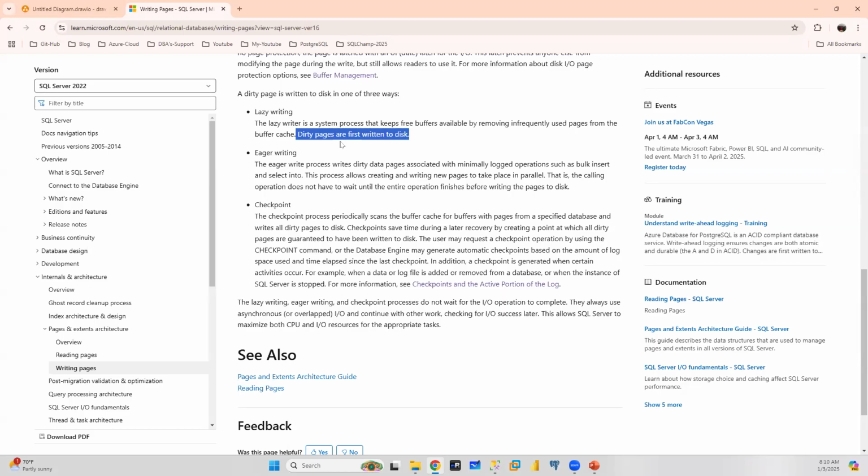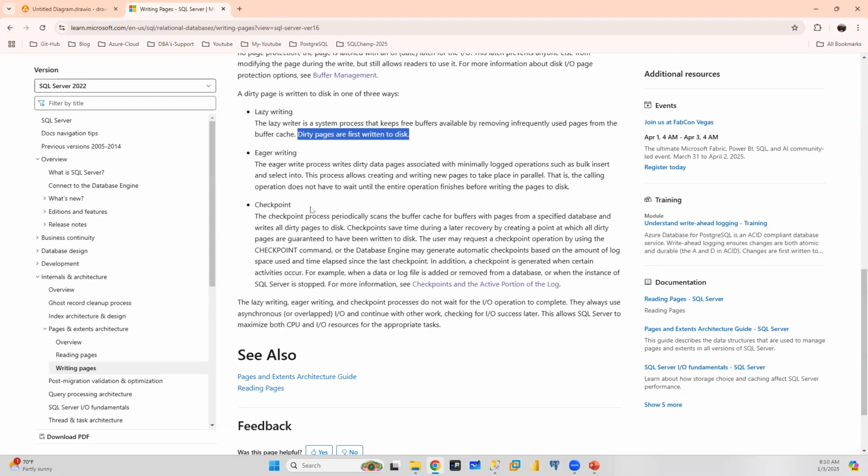This is the one biggest question. Someone has a question. Unless I show you the Microsoft document, most of the people disagree with me. Why will dirty pages be moved by the lazy writer? Only checkpoint will move them. Of course, many times it is checkpoint only, sir. But when the lazy writer triggers, if at that time it detects dirty pages, it will move them.